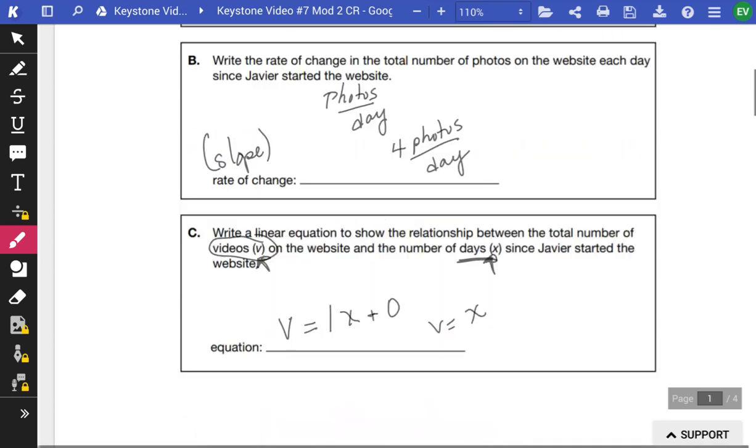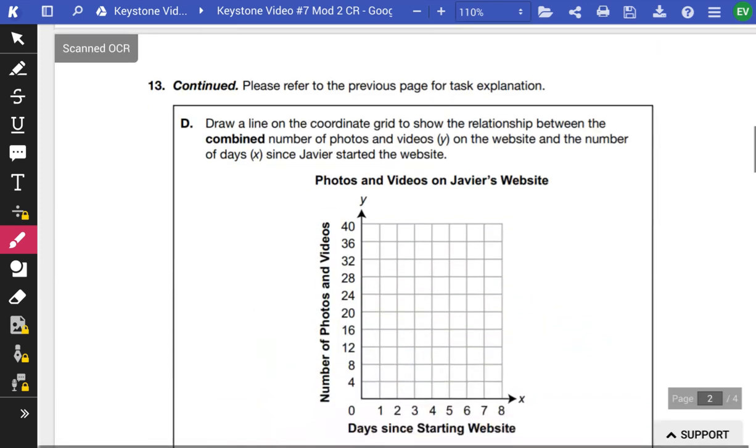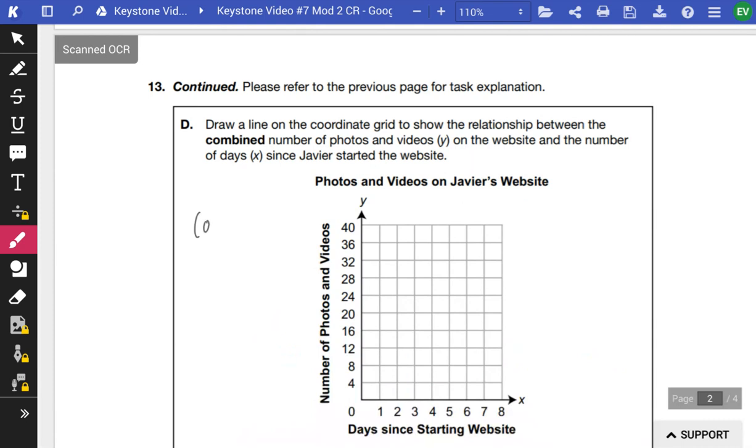So 0, 12. Okay. So 0, 12. And then we have 1, 2, 3. So 1, 17. 2, 22. And 3, 27.